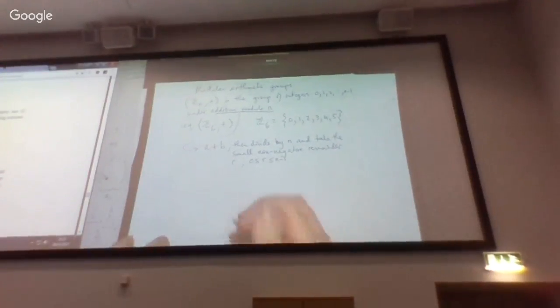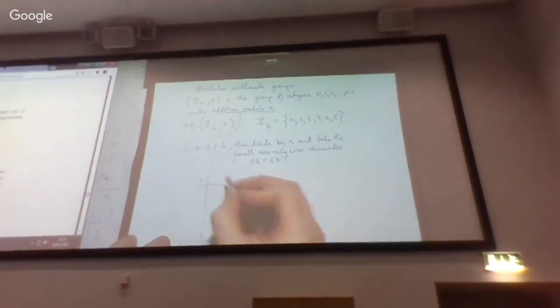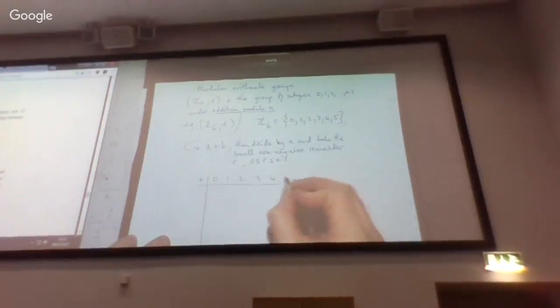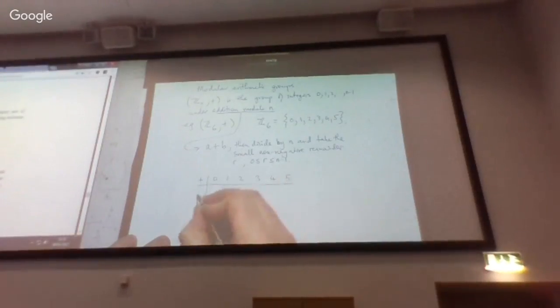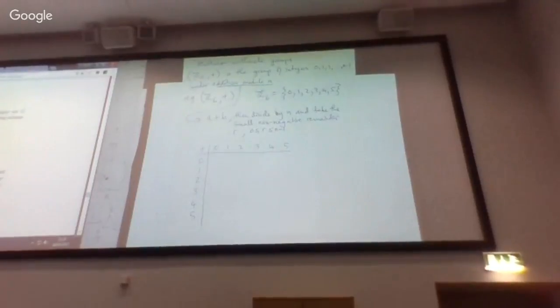So if we look at the table for Z6 under addition, this will be quicker to work out than the table for D3, because we're basically just adding things. A lot of you may have encountered addition modulo something before.